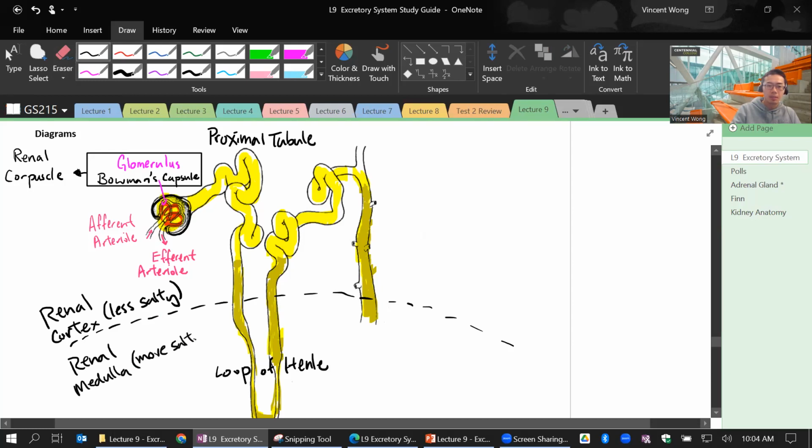I'll explain what that means later on. Distal tubule here. Collecting duct.